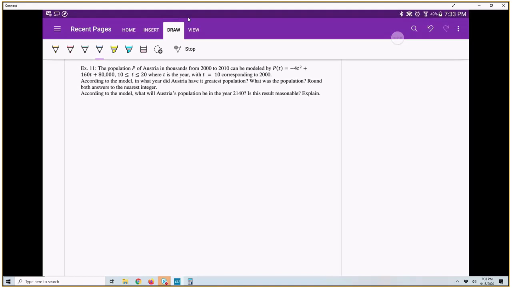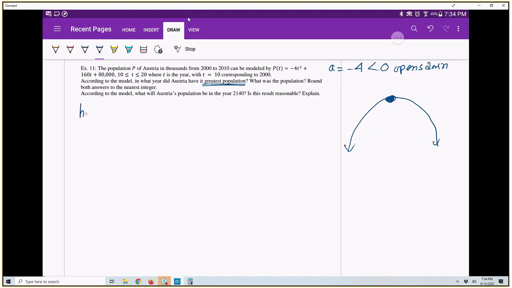Okay, so this is a parabola again. What is a? It's -4, less than 0. Opens down. And you are already thinking that, oh, again, I'm going to find the vertex, and you were right, because I wanted to know the maximum population, the greatest population. I need to know the vertex of this parabola as it is opening down.